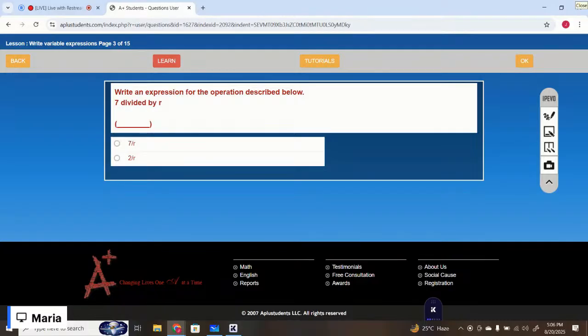Write an expression for the operation described below. 7 divided by r, which is the correct option. Option number 1 is the correct option.